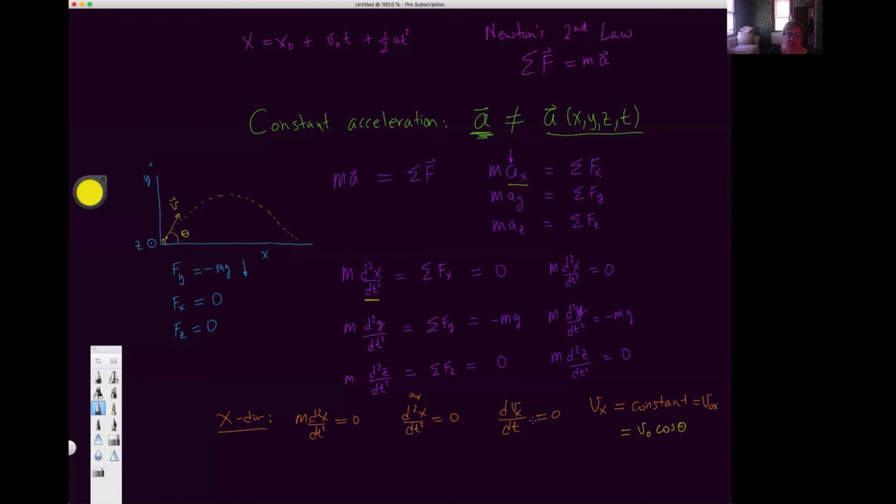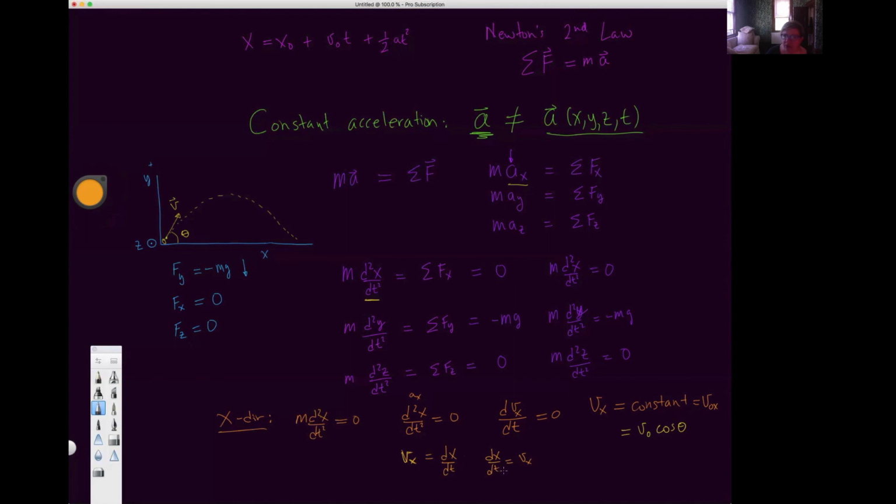Well, we do know that v sub x, oh, I'm still in yellow. I need to be in orange. Okay, so v sub x is dx dt. So turn that around. dx dt equals v0 x.